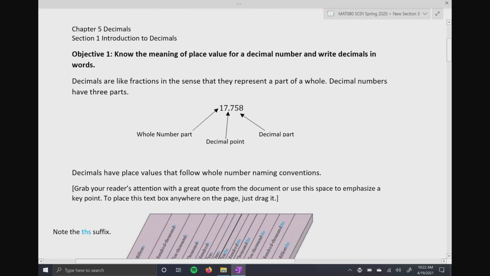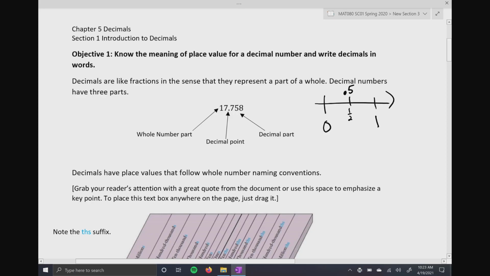Decimals are like fractions in the sense that they represent part of a whole number. For example, if I've got this little simple number line, and I'm between 0 and 1, right in the middle we know is 1/2, but I could also write that as 0.5 or 5/10.